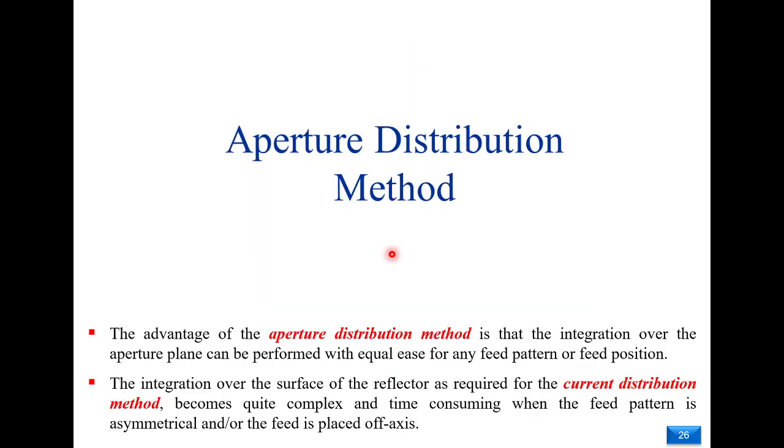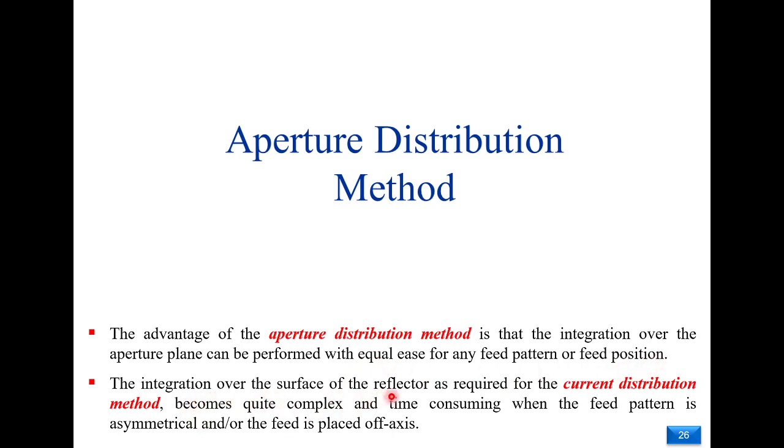The second method is the aperture distribution method. The advantage of the aperture distribution method is that the integration over the aperture plane is much easier, and it's very similar to what we learned from the aperture antenna.